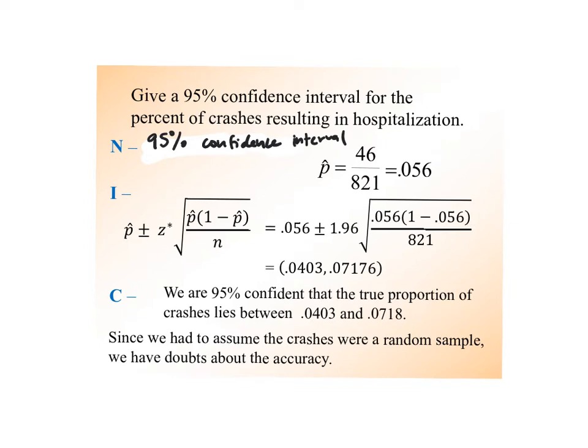Now, what I'm going to look for is the name of the interval as far as what you are working with. Are you working with a proportion or a mean? Because now I introduced another category. So now I want you to identify what am I working with?